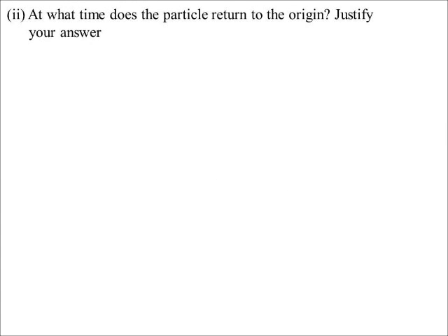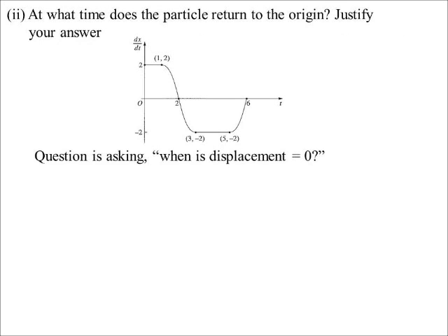Okay. At what time does it return to the origin? You can see similar sorts of questions coming up. When is displacement equal to 0? In other words, when is the area above equal to the area below? Now, I'm assuming these curves are similar curves, so it's like an odd function around 2, if you like.